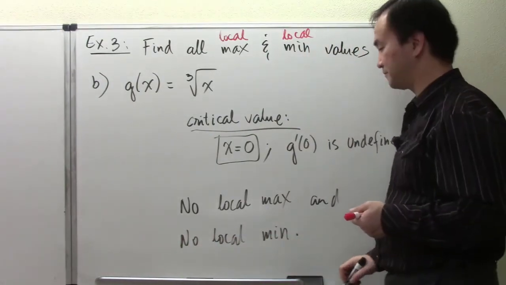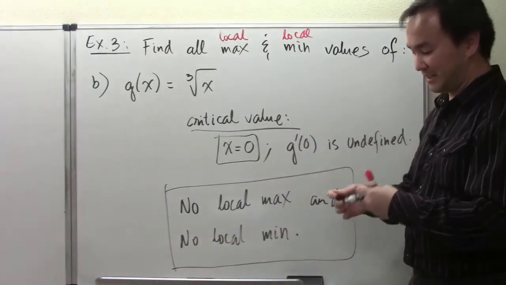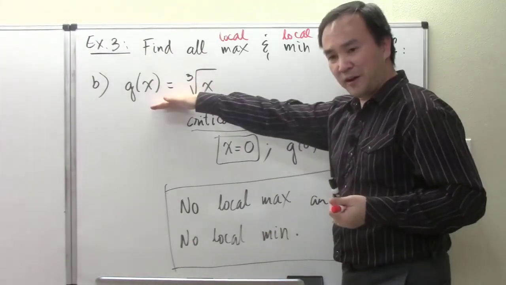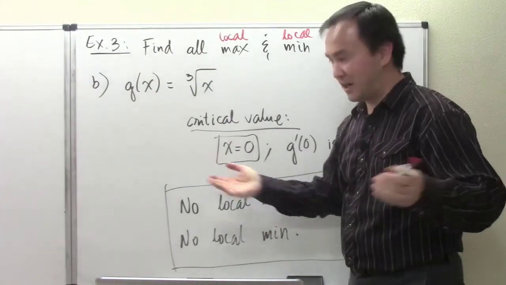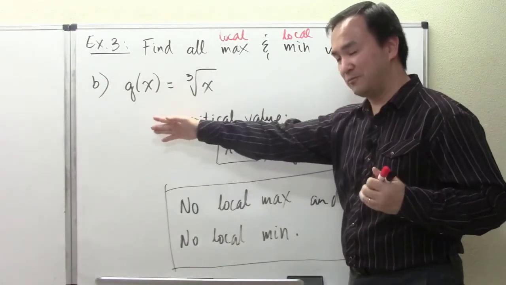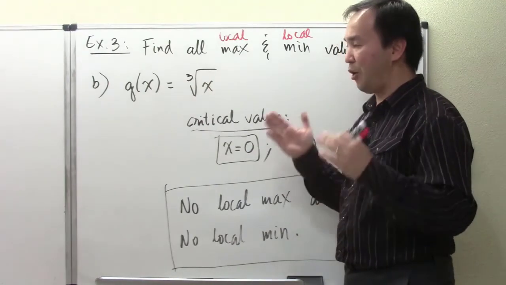That's all we can answer. And again, we have used this function g of x for quite some time. We started using it in example 1, then moved on to example 2, and now we are at example 3.